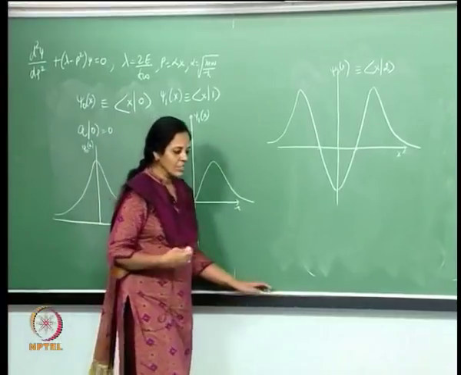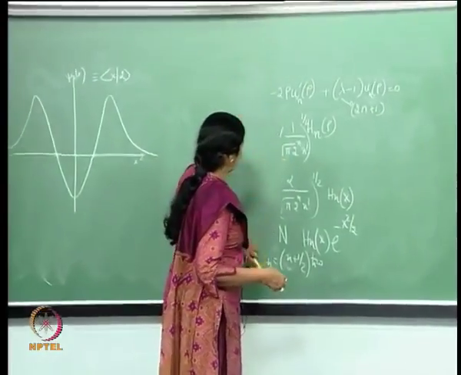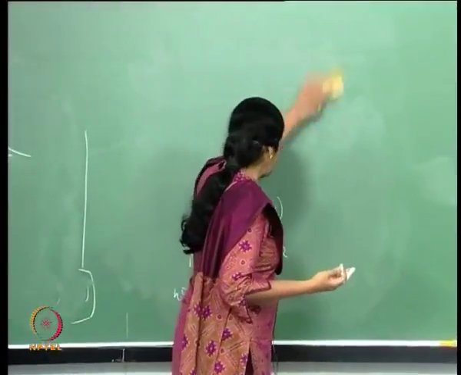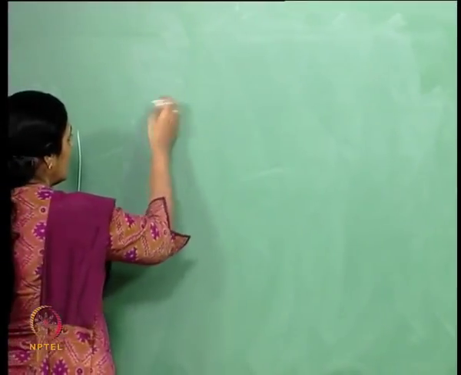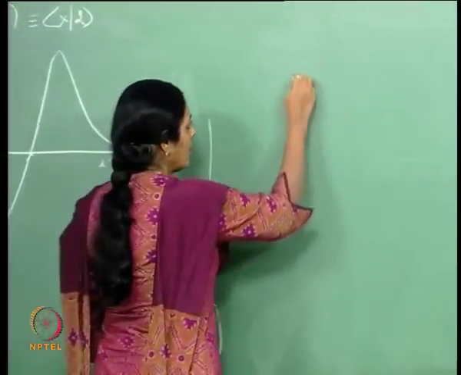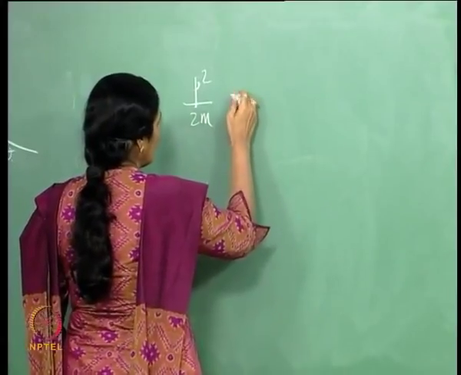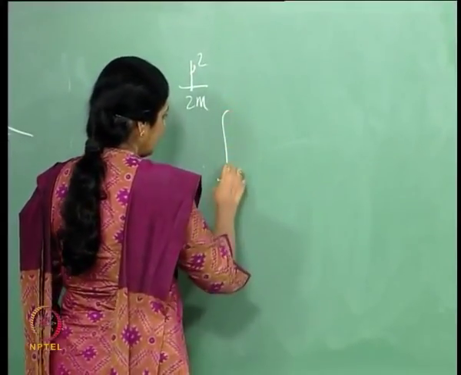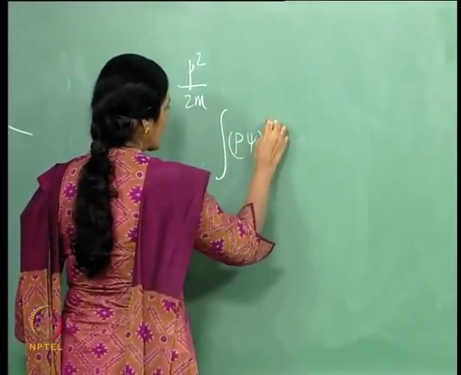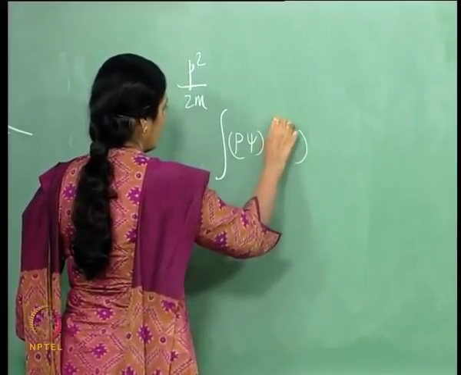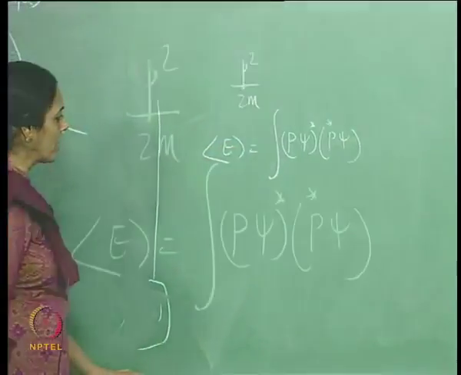And why does the number of nodes increase with energy? That is something that we can see rather easily, because in general the number of nodes would increase with energy for the following reason. The contribution to the Hamiltonian comes from p squared by 2m. I am trying to find out the expectation value of the kinetic energy.